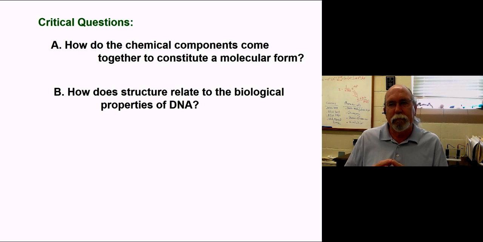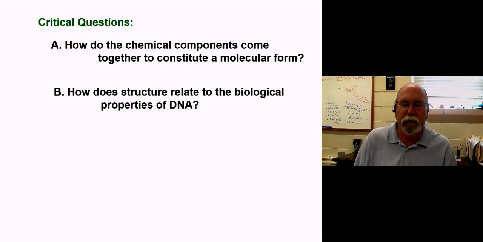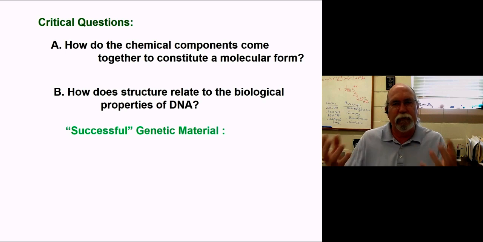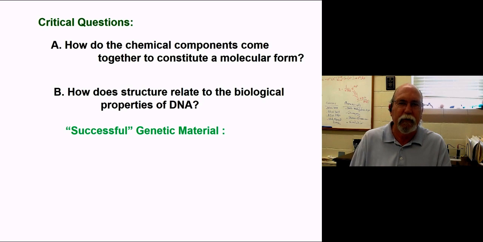The second was any type of genomic material, whatever it is, in our case, DNA, what are the biological properties? In other words, how does that structure actually work to make the biological properties of that DNA work? And this could be true for anything. The question is basically this: what's a successful genetic material? On this planet, DNA, primarily some RNA, is our genetic material.